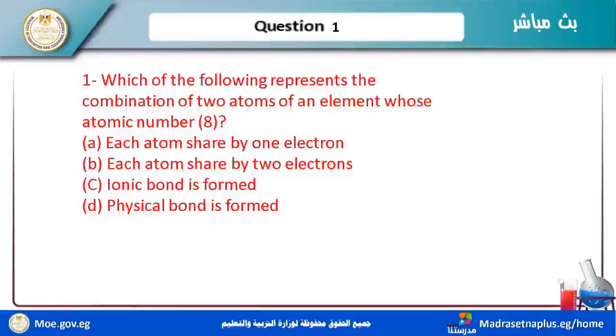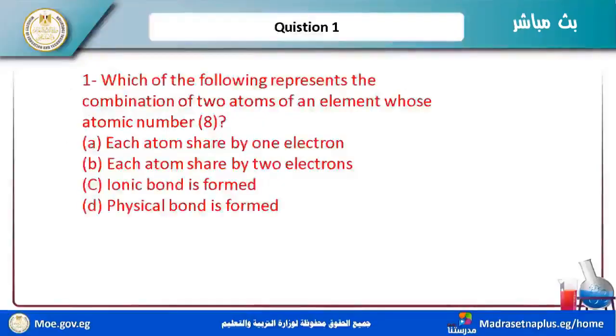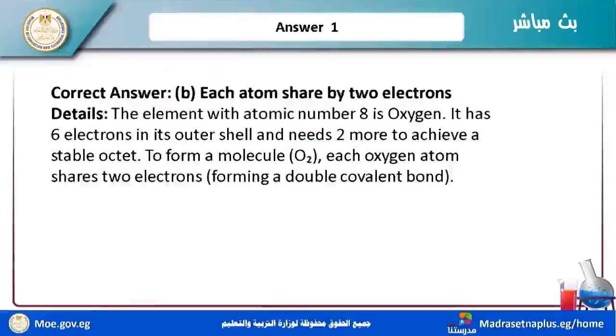Now we have 6 electrons in the outermost energy level. Each atom shares 2 electrons. So the correct answer is B.